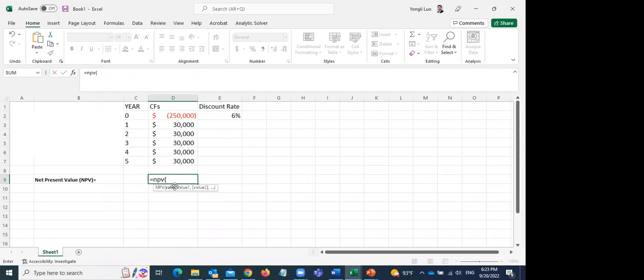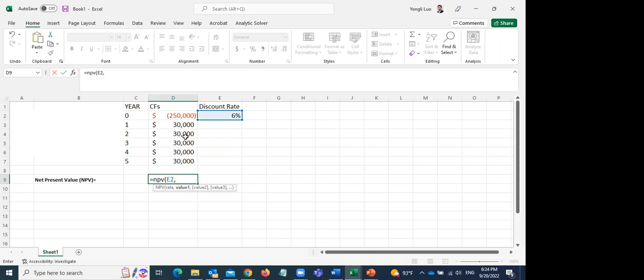This is the NPV, net present value. When you open parentheses, it asks you for the rate, so you select the rate, which is 6%. Then comma, and you select value 1, value 2, value 3. Value 1 is 30,000.